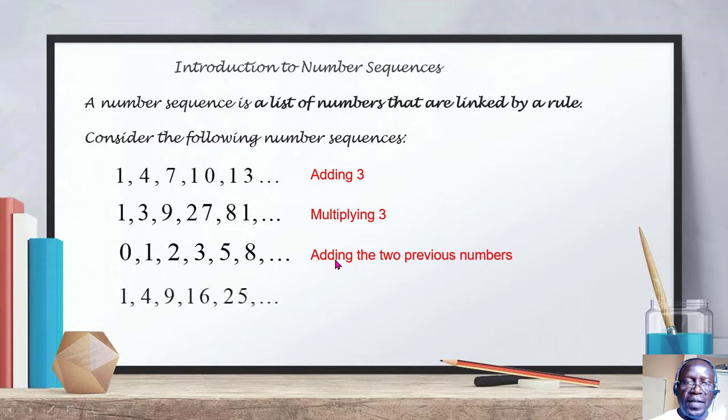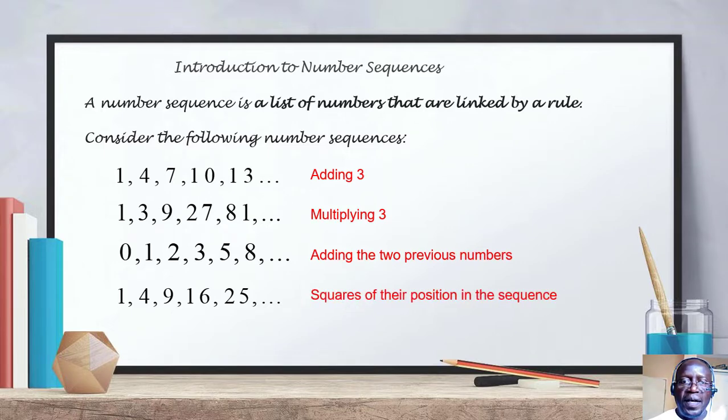Here's another sequence: 1, 4, 9, 16, and 25. This sequence is being arrived at by the squares of their position in the sequence.